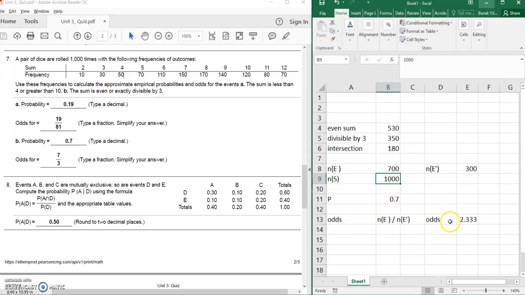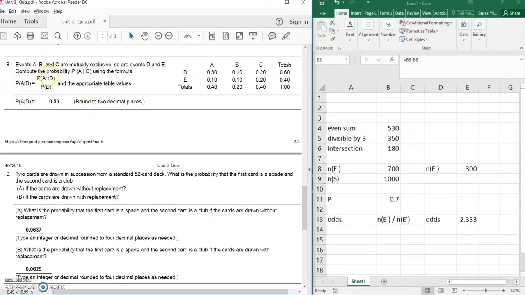So the odds here, remember they're asking for that as a fraction. So even though 2.33 is right, as a fraction it's 700 divided by 300, which is taking out the zeros. That would be 7 over 3.